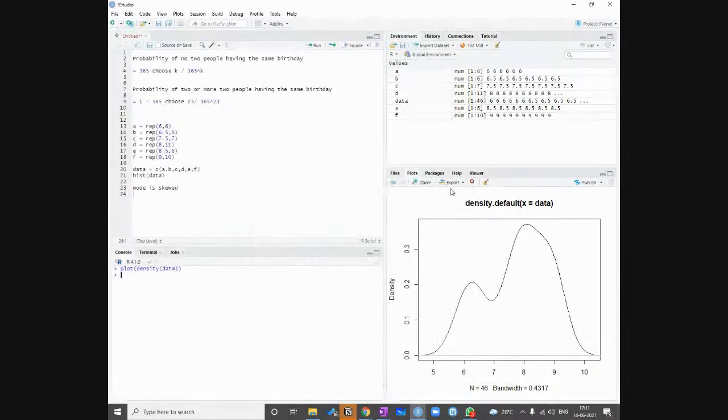So this is what I have in my mind. Okay, so we can reduce the bandwidth, you can increase the bandwidth, but we will get the same thing. If we increase the bandwidth, just give me a minute. Let me increase the bandwidth. Let's see what we can do. I made a spelling mistake.